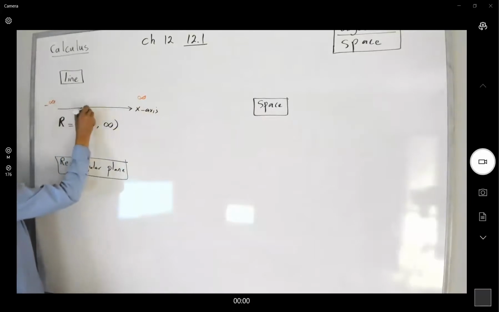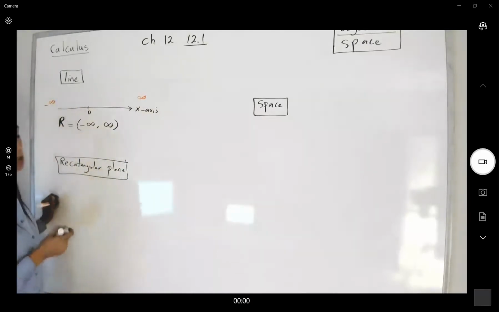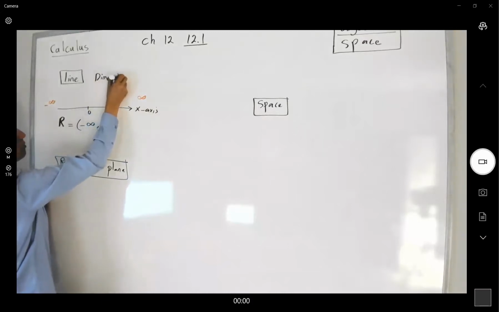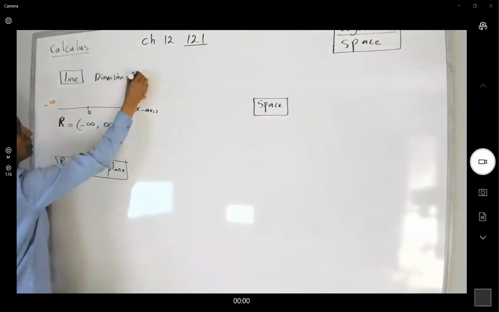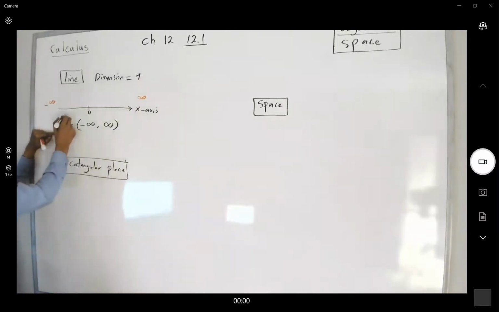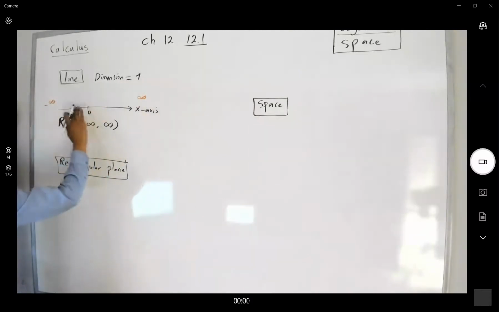It includes all numbers on the horizontal axis. The dimension equals 1. How is that? We say that you have R, and this R has not exactly the exponent. Informally, the exponent of R is equal to 1.